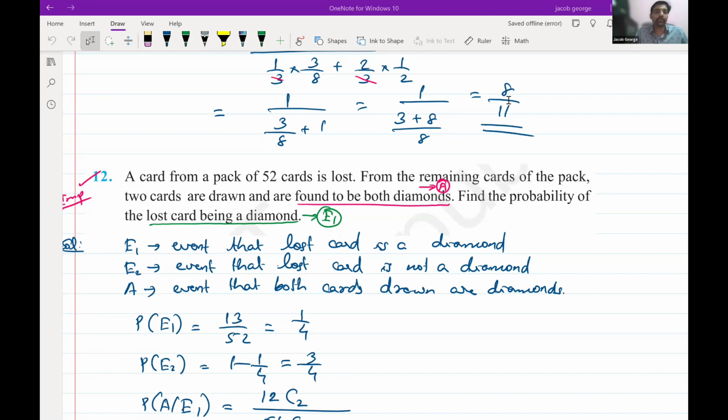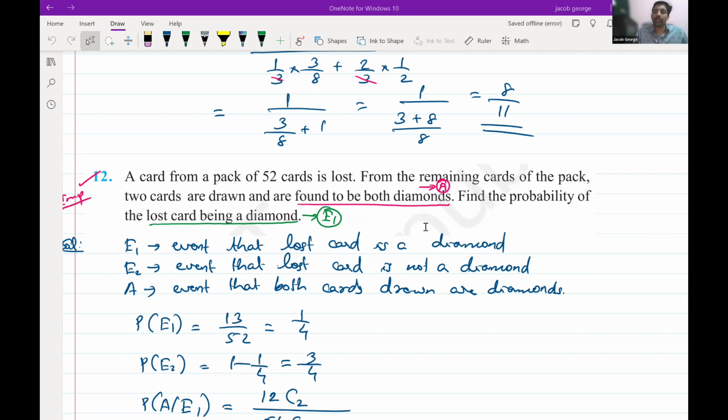So according to the question, 1 card is lost. There is a possibility that it can be a diamond or it cannot be a diamond. So according to the last sentence, lost card is a diamond. So that is our E1.